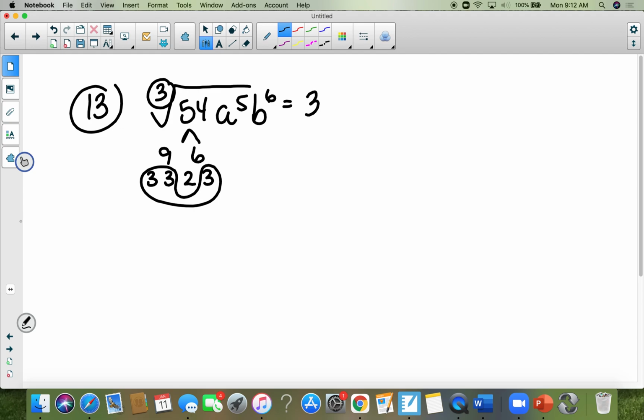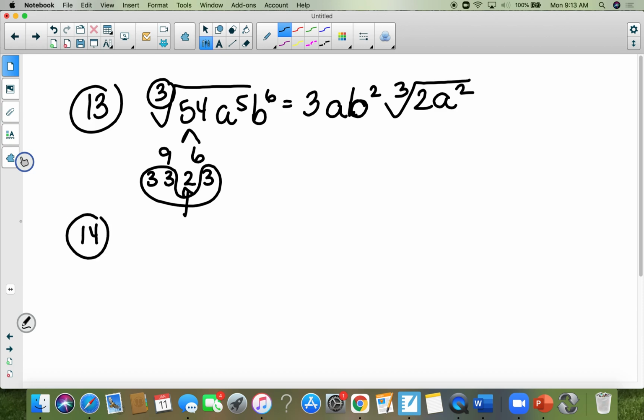I can take out a 3, I can take out 1A, and I can take out 2 B's. What's inside my cube root is a lonely little 2 and 2 A's left over. And that is it. That is the answer to number 13.